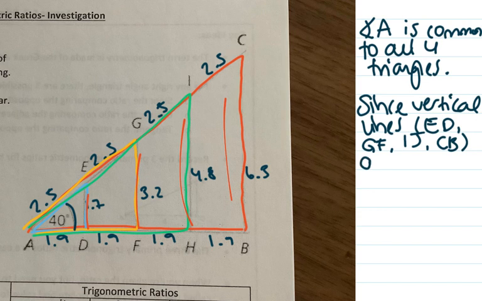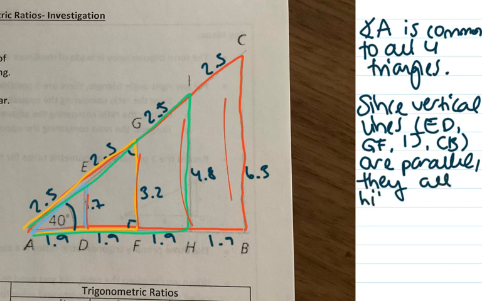Since the vertical lines are parallel, they all hit the top and bottom lines at the same angle. So if they have the same angles and there's a scale factor of each other, then they're going to be similar triangles. The ratios of the side lengths are equal.